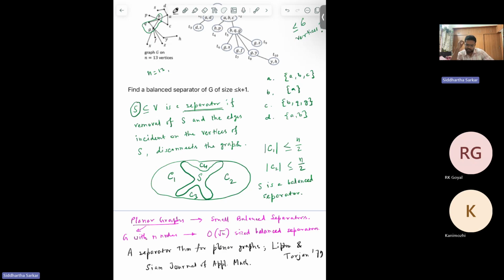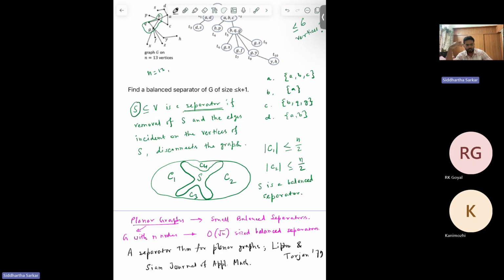There they propose that there is a sublinear sized balanced separator for planar graphs, and that led to many algorithms in many setups. Showing the existence of such a separator immediately means that some algorithm will be feasible that will give good approximations and other things. But it is not possible to find sublinear sized balanced separators in many non-planar graphs.